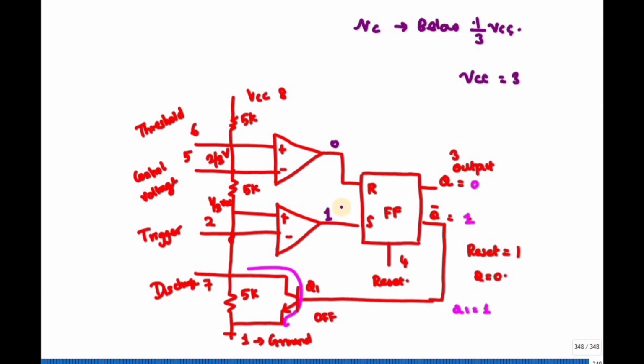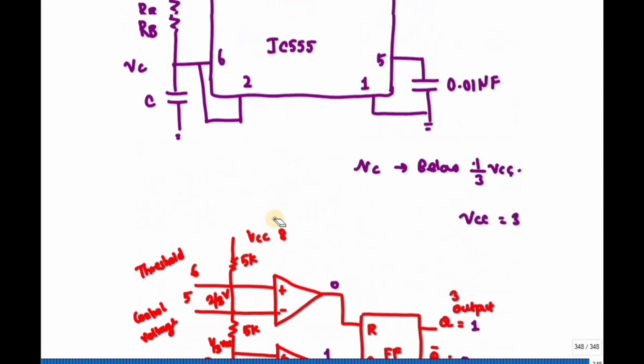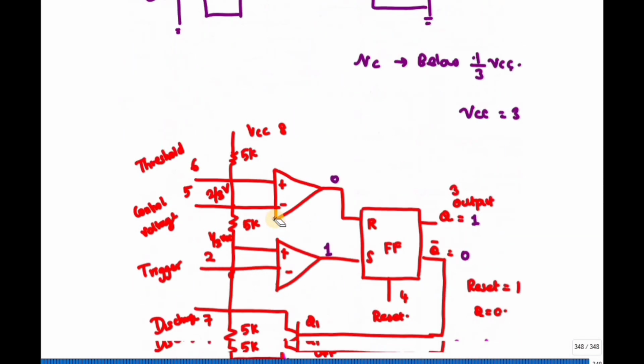So my output goes to 1, and this will go to 0. If this is 0, it means the discharge pin is open circuited. This is the first case.